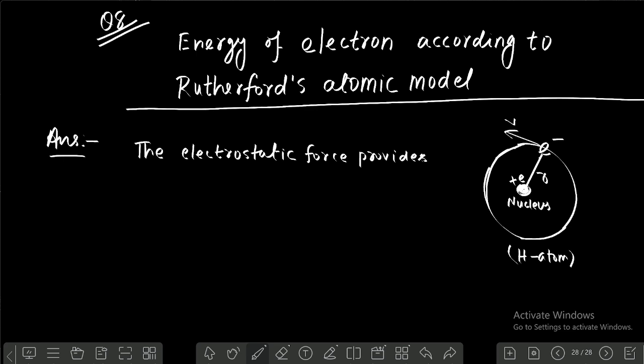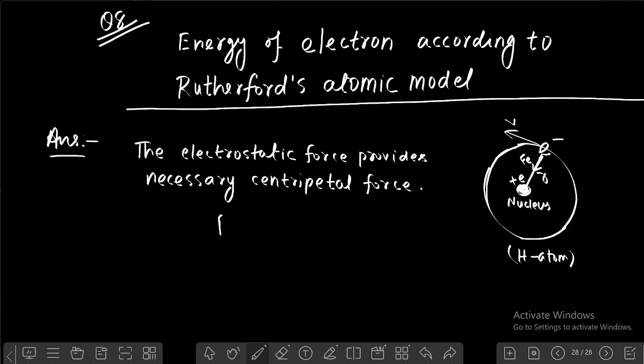Now the electrostatic force, Fe, between the proton and the electron provides the necessary centripetal force for the electron to move in a circular path.